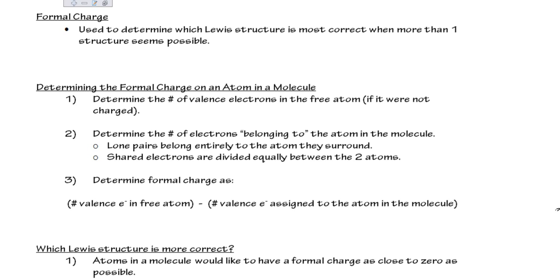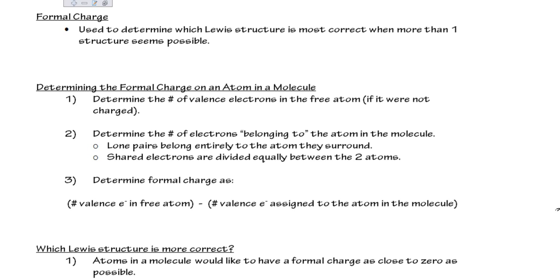If there are electrons shared in a bond, we're going to divide them equally between the two atoms in that bond. So if I had a single bond, that's 2 electrons being shared. We're going to assign one of those electrons to each atom in the bond. If I had a triple bond, that's 6 electrons being shared. I'm going to split them equally and say there are 3 electrons for each of the 2 atoms.